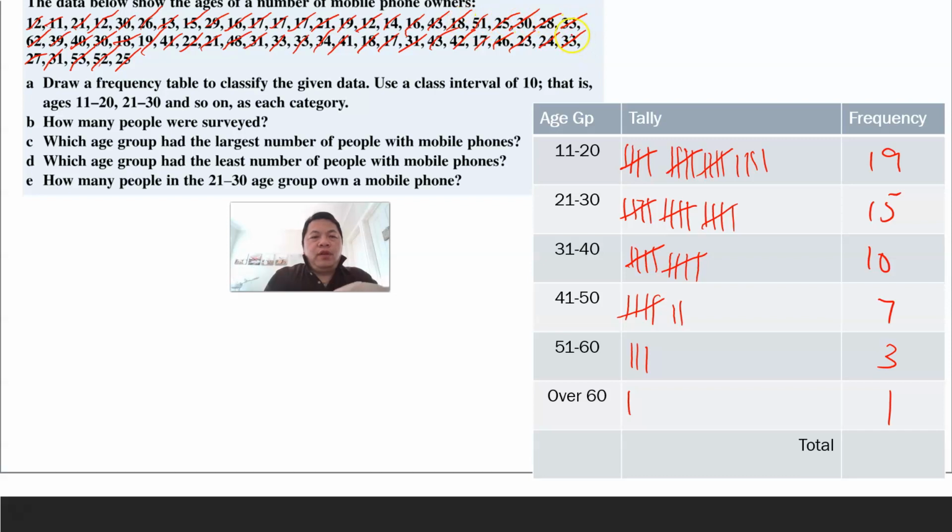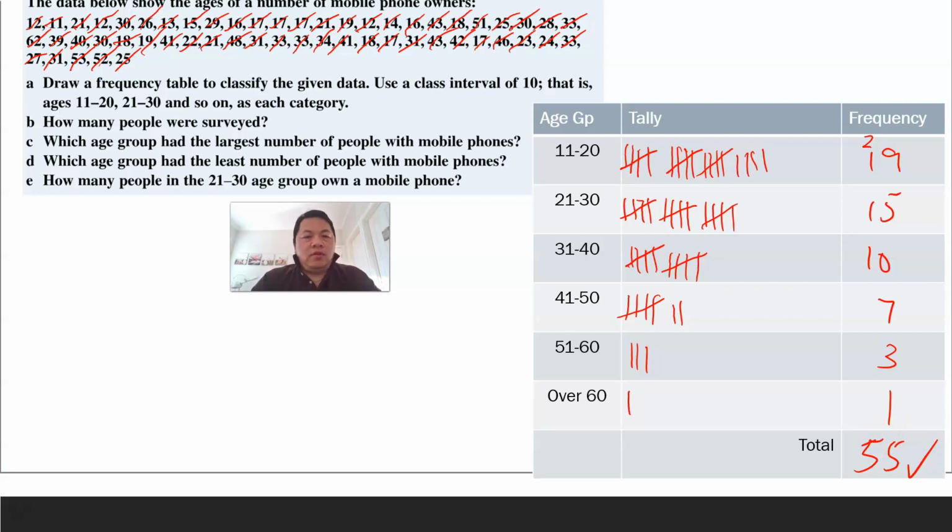We should add up to get 55. Let's add up: 19, 15, 10, 7, 3, 1. Very good, seems like the number is correct, so the frequency table is accurate.